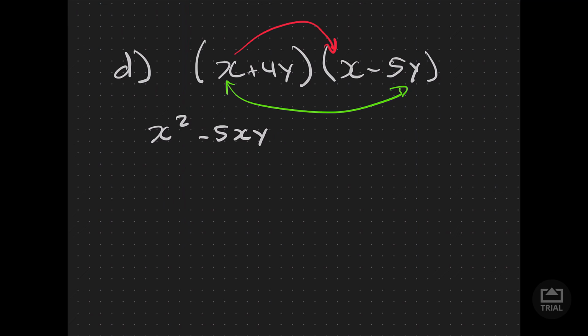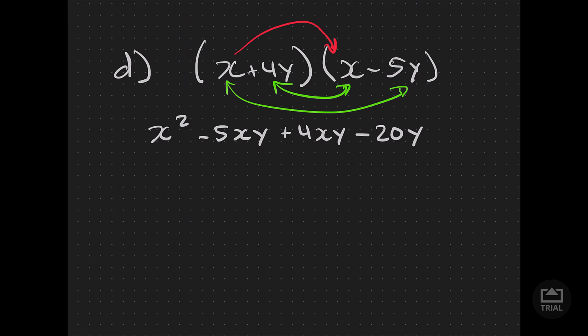Now we want to deal with our inside ones, which again is an x and a y being multiplied together. 4, and in front of the x there would be a 1, so this would become a positive 4xy. Make sure you lay those out the same way. And finally, we want to do the last, which is positive 4y times negative 5y, which is a negative 20y squared.